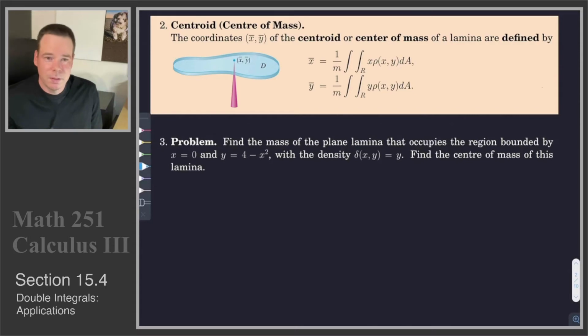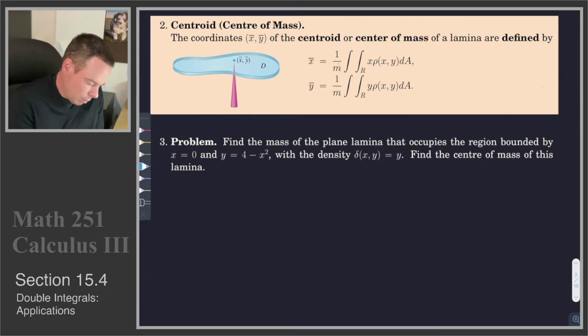How do we find those coordinates, x bar and y bar? They're given by these expressions. x bar, or the x center of mass, is given by 1 over m, so 1 over the mass, times the integral of x times the density function over the region.